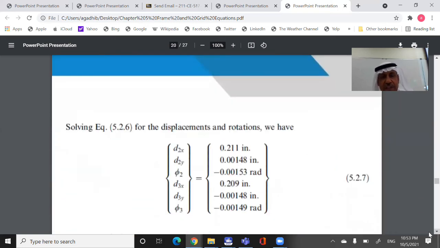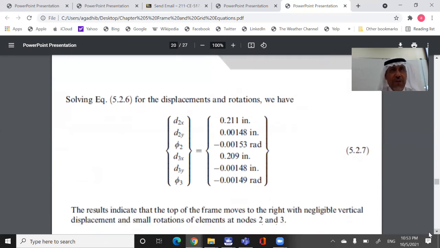And after finding the forces, did you take CE 511? Who took 511? This should be straightforward. Yes, this is a review for you. You found this. Now, how do you find the shear and the moment for each element? And we'll finish the class for today. Now you have everything.